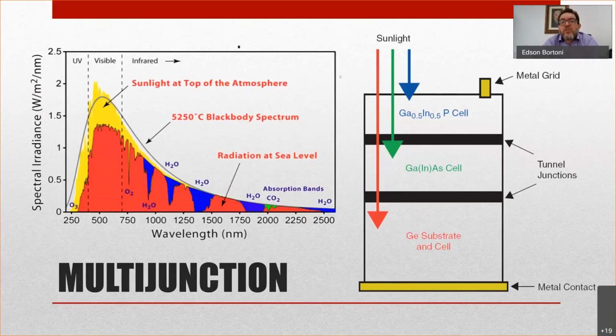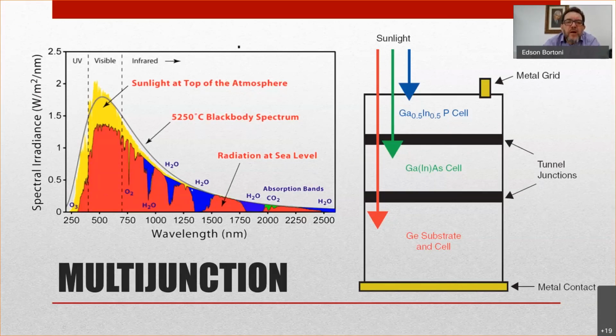You have the multi-junction, because you know the light that comes from the sun is rich in wavelengths. This is the wavelength distribution at the top of the atmosphere, and at sea level we have this red line.